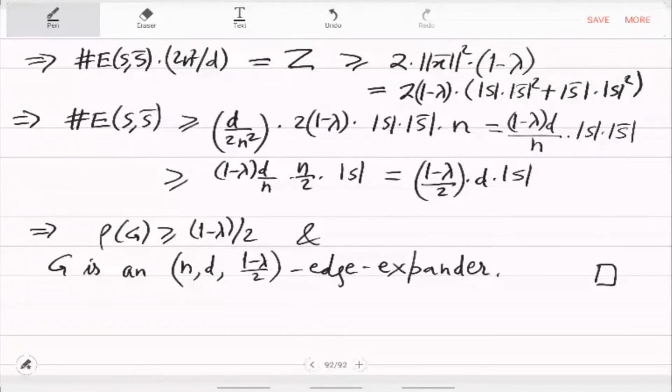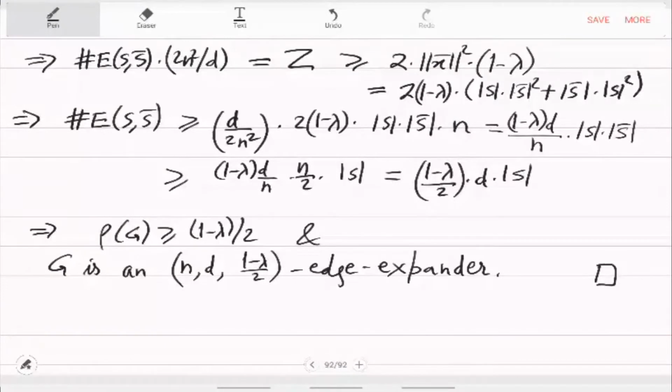Okay. And this we were able to achieve because of this bridge between algebra and combinatorics, which is the Laplacian quadratic form. So we evaluated it at 1 and x bar.